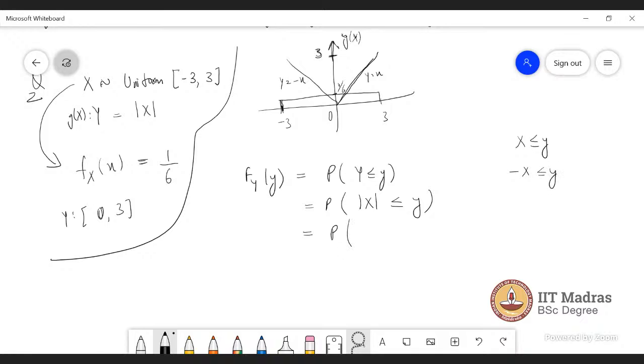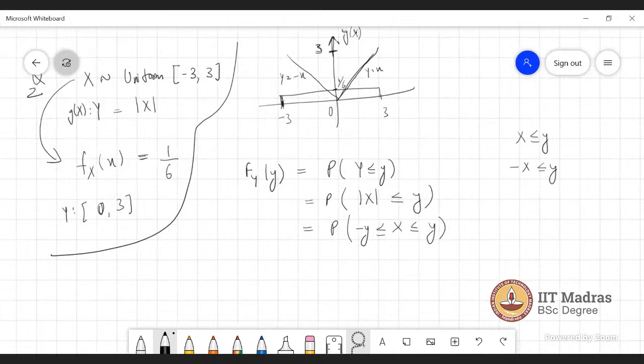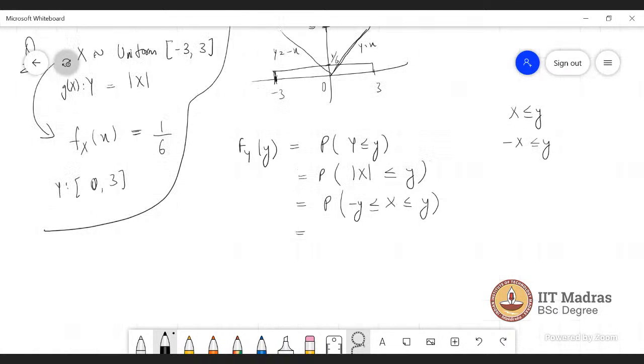So it means x lies between minus y and y. Now x is lying between -3 and 3. So how do you find the probability? You will integrate the PDF of x, f x of x dx, from minus y to y.